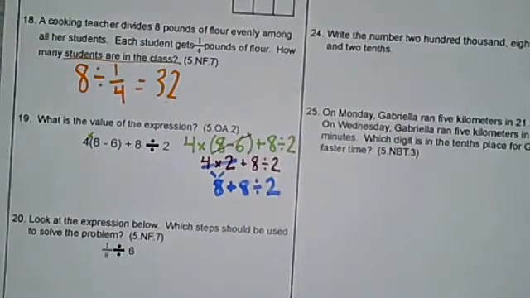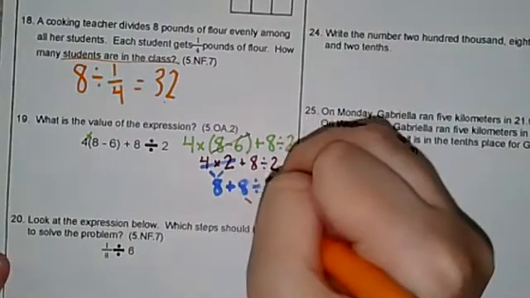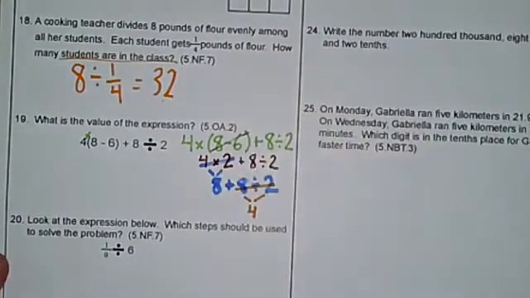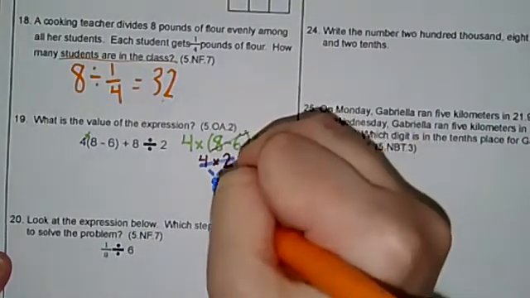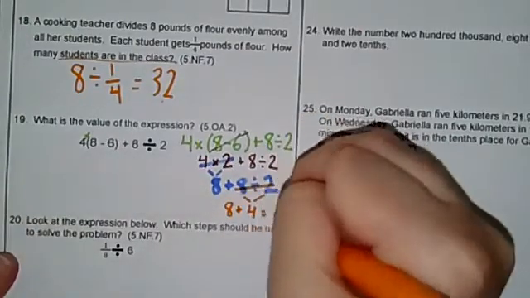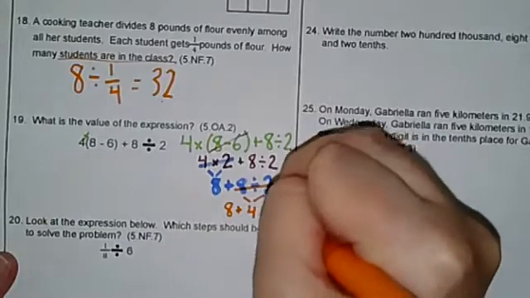Liam, what comes next? Addition or division? Division. 8 divided by 2 is 4. Cross that out and write in the rest of the problem. 8 plus 4. The answer to your problem is 12.